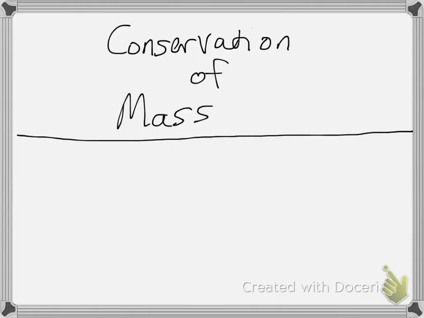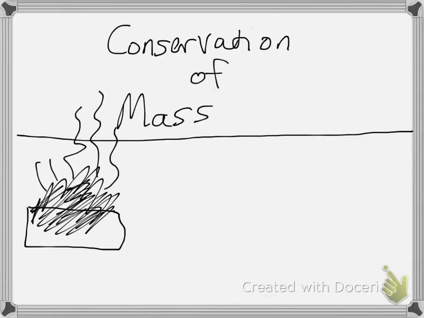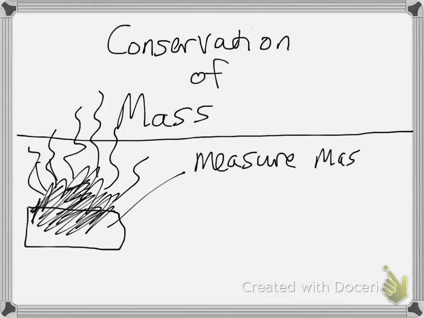And one of the basic questions that had been asked was, let's say I set a log on fire, and we know that smoke is going to come up off of the fire. One thing I can do is measure the mass of the log before the fire, and then measure the mass after the fire.